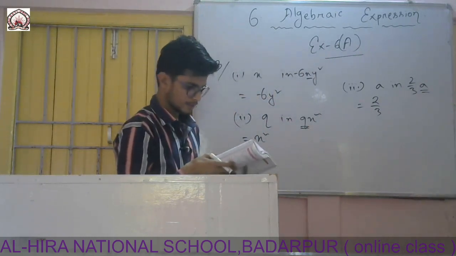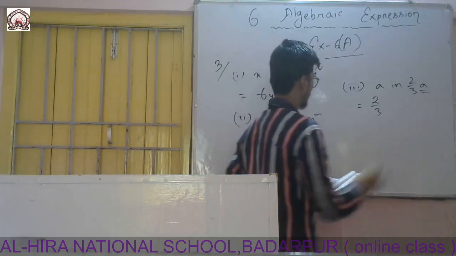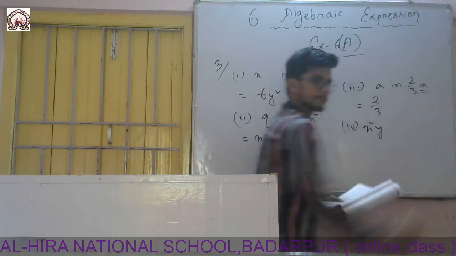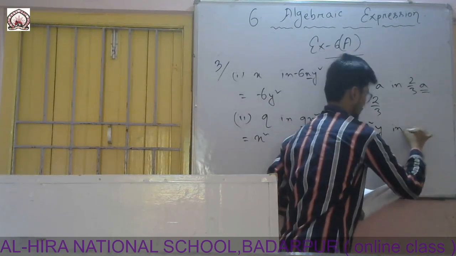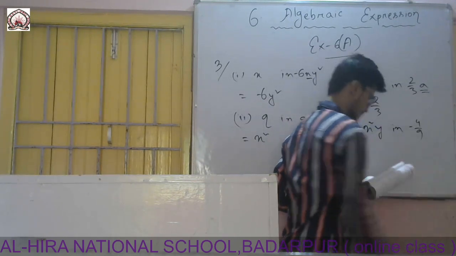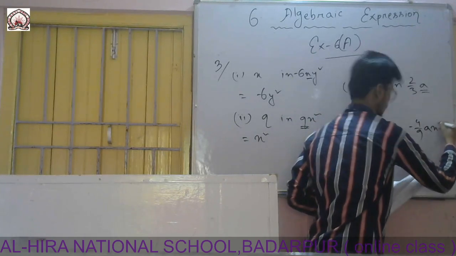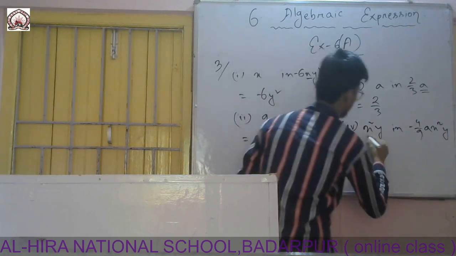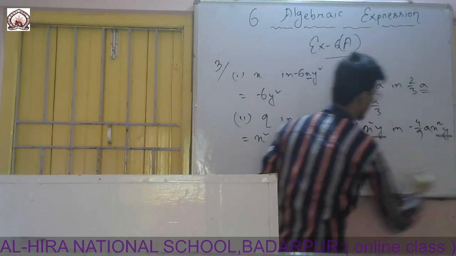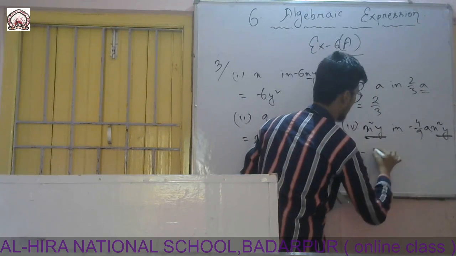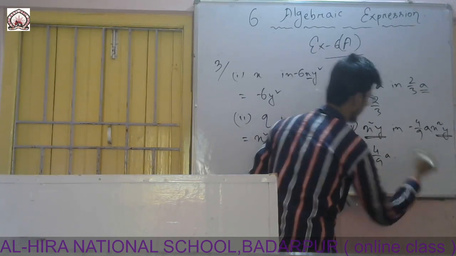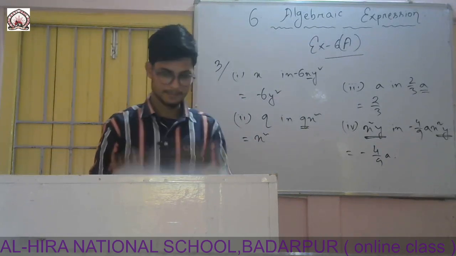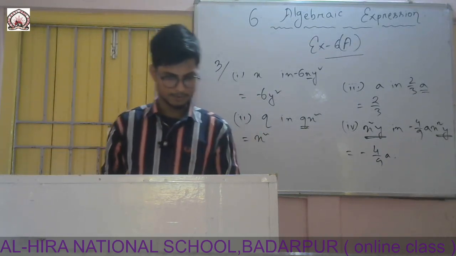Sorry, Roman number 4, x square y in minus 4 by 9 a x square y. So just leave this part, x square y. So answer is the remaining part, minus 4 by 9 and here a left. So this is the coefficient of x square y in that term.